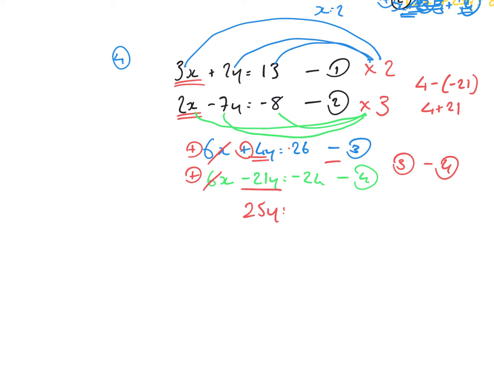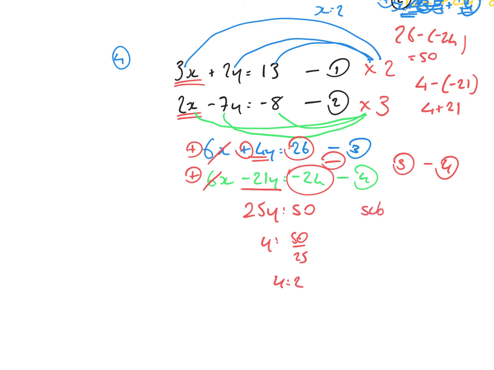It's not 26 take away 24, it would be 26 take away minus 24, and that's 26 plus 24, which is 50. y is equal to 50 over 25, and y is equal to 2.